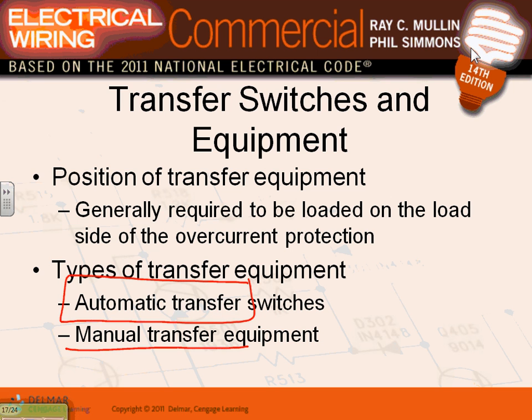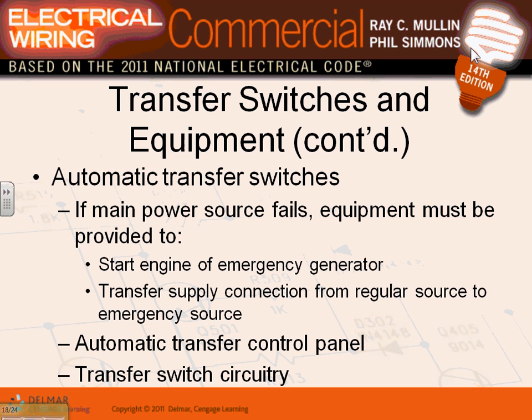I guarantee you, the only time you can have it manual is if it's an optional standby system. Everything else has to be auto. Legally required, critical operation, as well as emergency has to be auto.